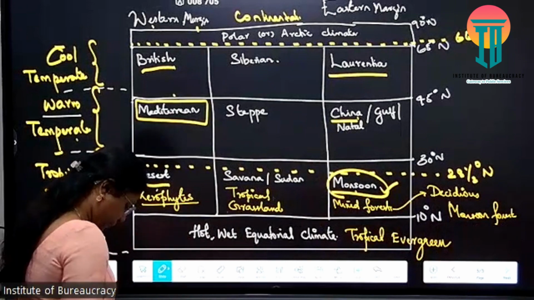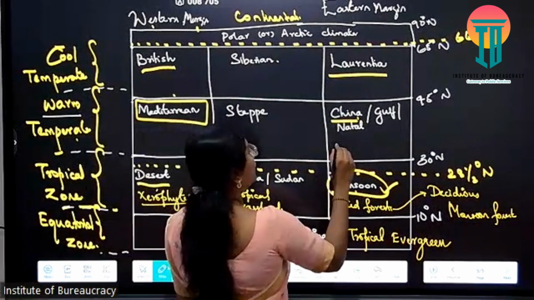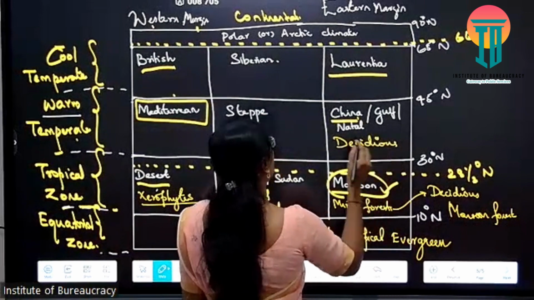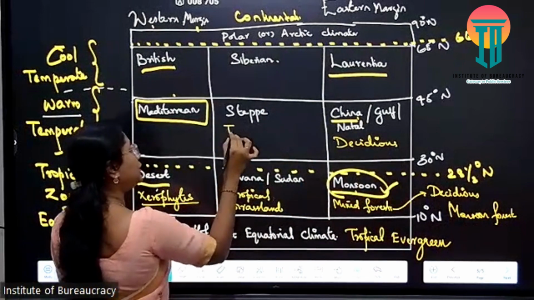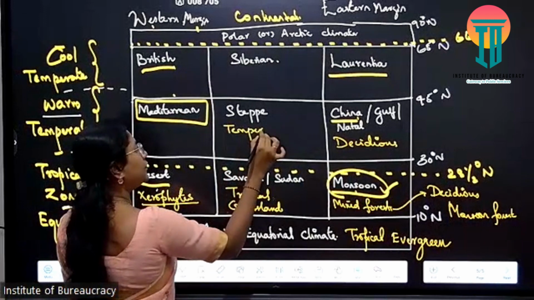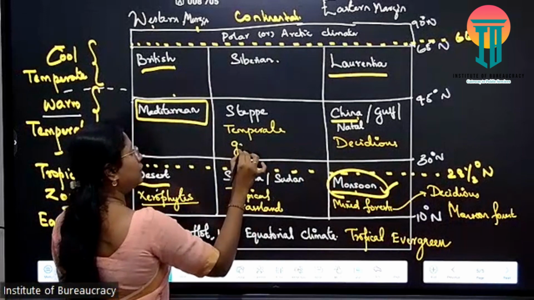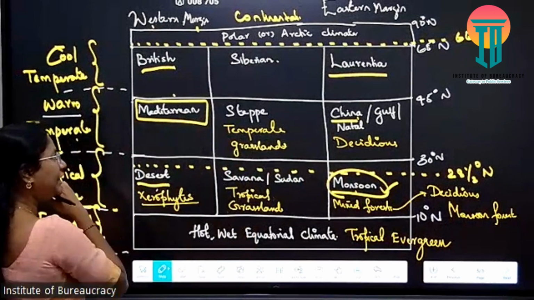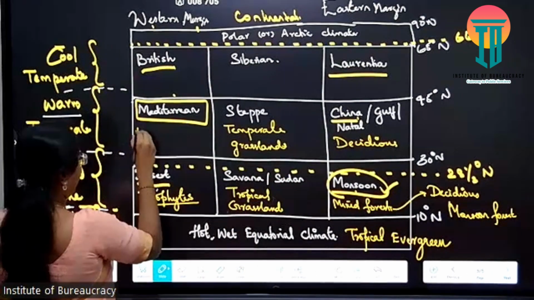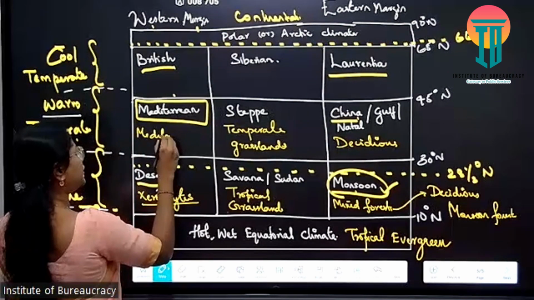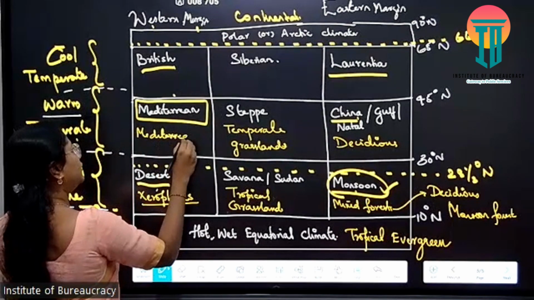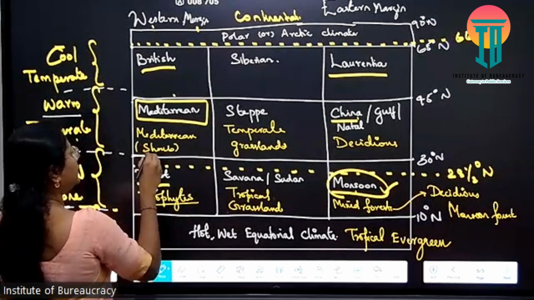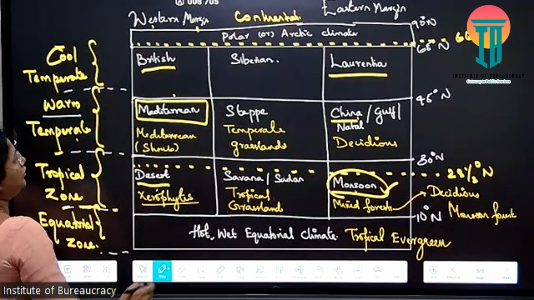China type is deciduous. Steppe is temperate grassland. And Mediterranean has its own separate Mediterranean vegetation. It is a shrub vegetation, trees are mostly shrub vegetation.